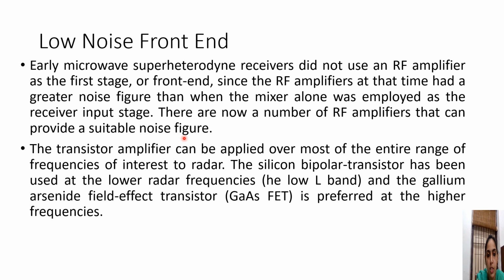So some types of low noise amplifier which can be used as a low noise front end for a superheterodyne receiver are mentioned here. That is, you can employ a transistor amplifier over the entire range of frequencies of interest to radar. Silicon bipolar transistors can be used at the lower radar frequencies, that is, low L band, and gallium arsenide FETs can be preferred at the higher frequencies.